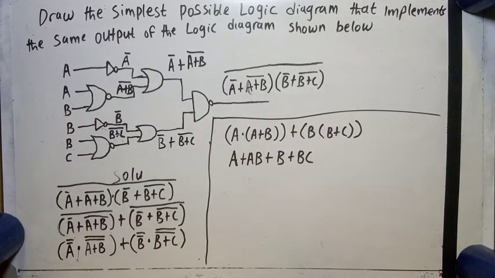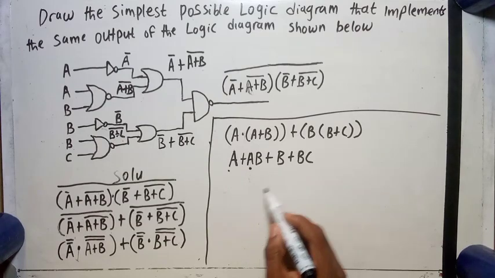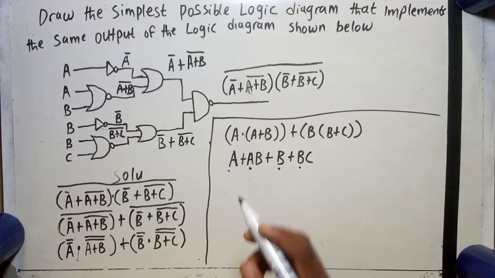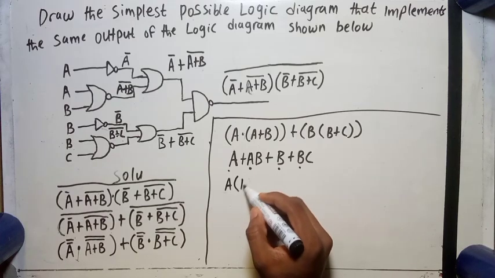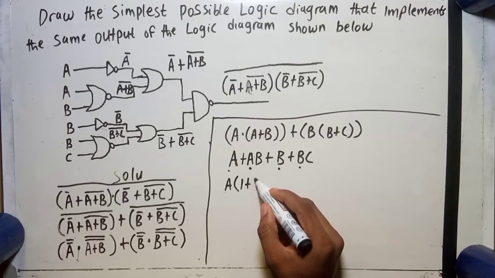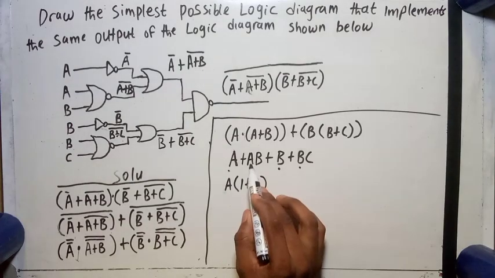Now this times this will be giving us BC. Now remember our law. Let me just factorize. This and this are having A. This and this are having B. So we can write this to be A in brackets 1 plus B. When you take this out, you're left with this.